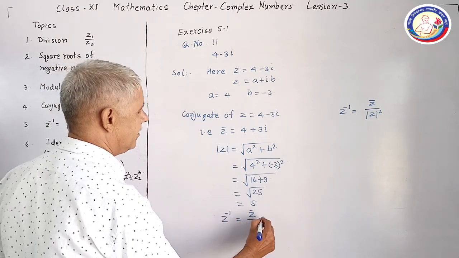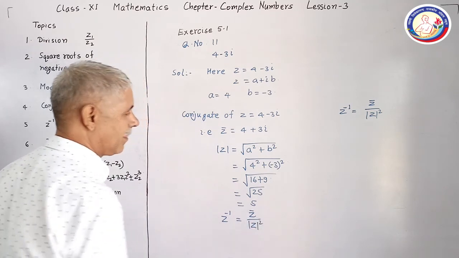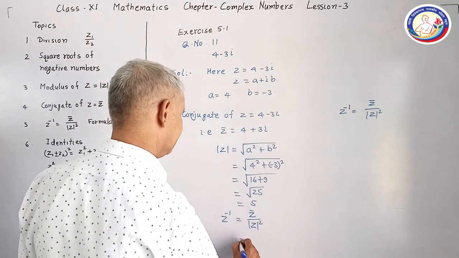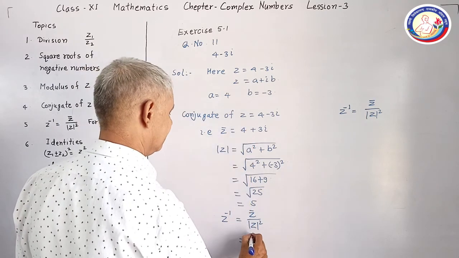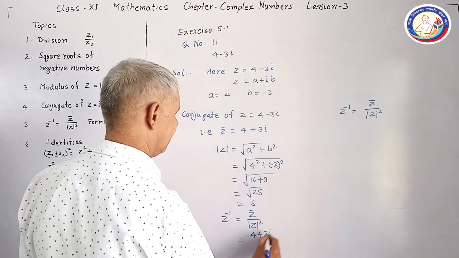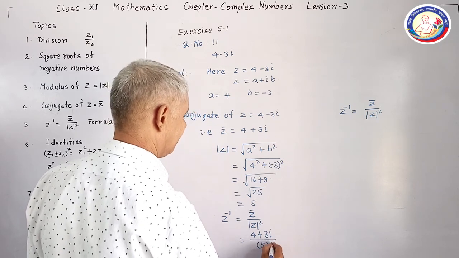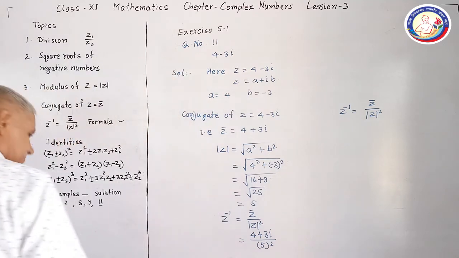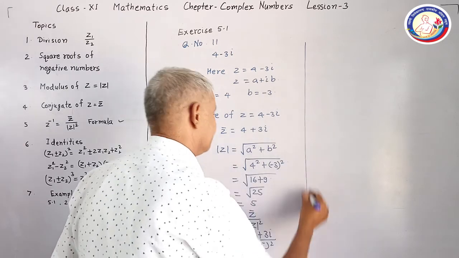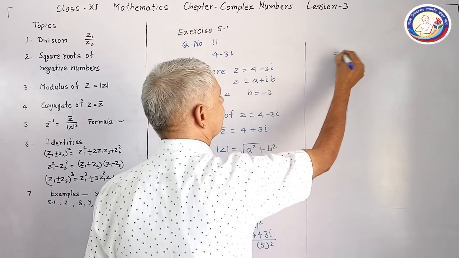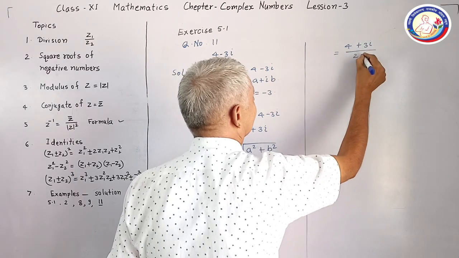Now z inverse is equal to the conjugate of z divided by the square of the modulus of z, and put here the values. From here, 4 plus 3ι divided by the square of 5, and we will get 4 plus 3ι by 25.